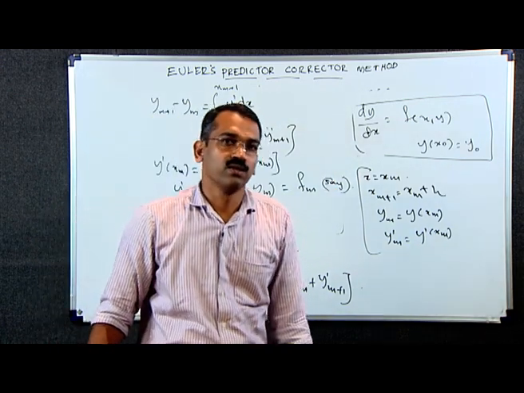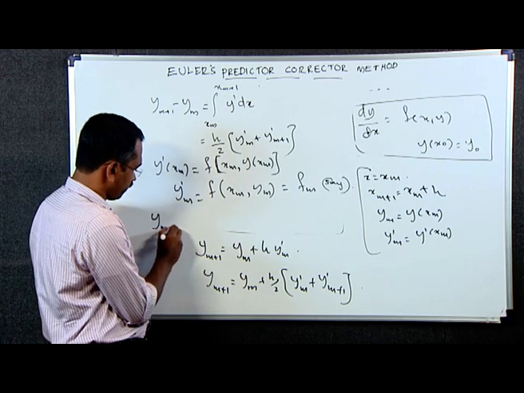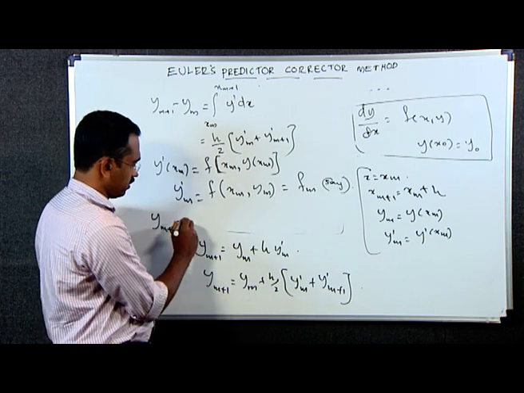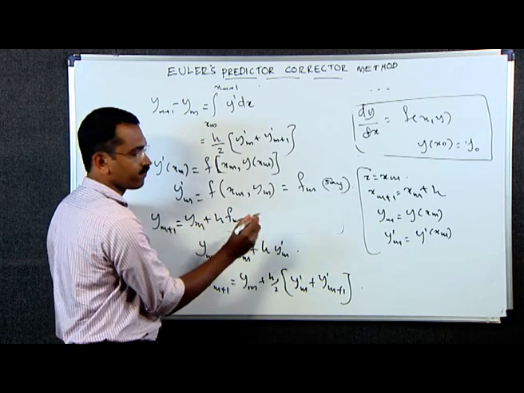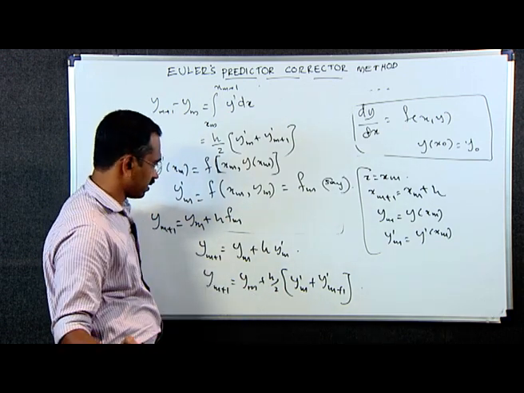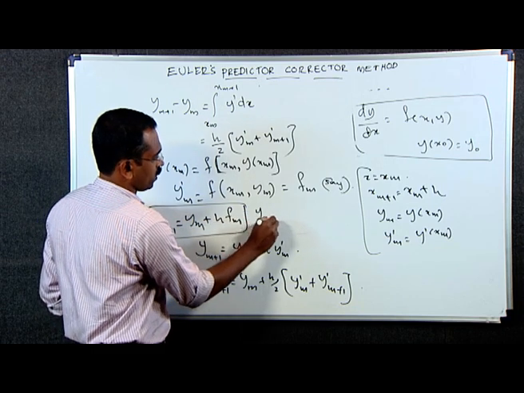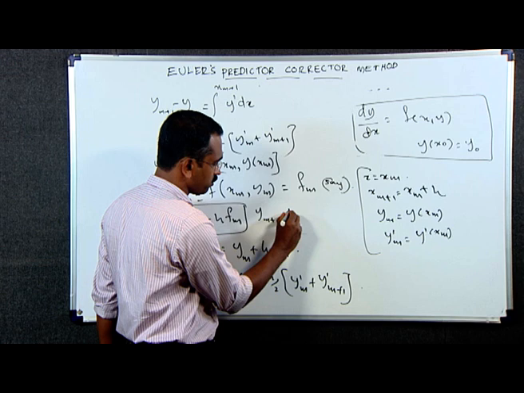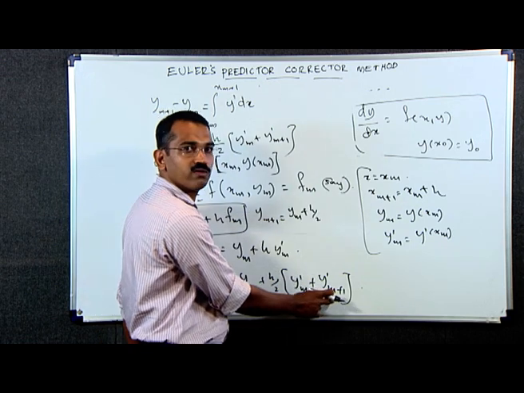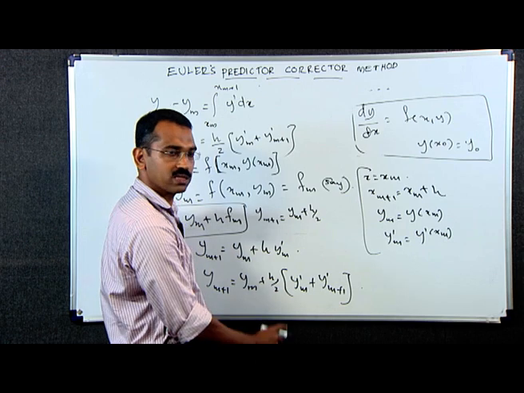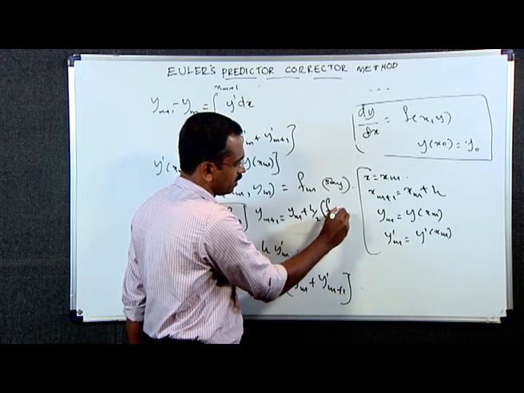Using this notation, we can write these two expressions as y_{m+1} = y_m + h f_m, and this expression can be written as y_{m+1} = y_m + (h/2)(f_m + f_{m+1}), where y'_m is f_m and y'_{m+1} is f_{m+1}.